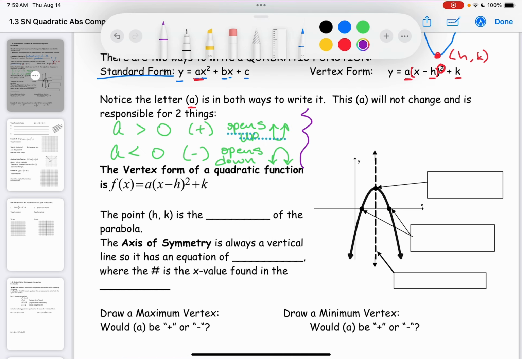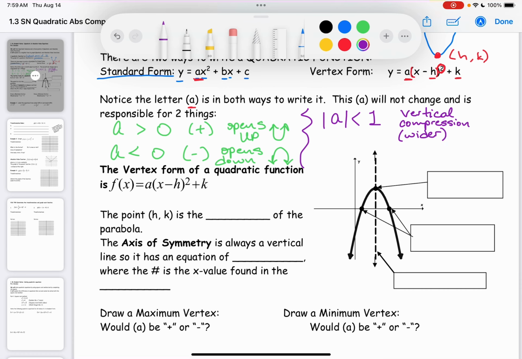The next piece of information it lets us know: if the absolute value of A is less than 1, which normally means it's a fraction, then our parabola will be vertically compressed. That actually means your graph gets wider.